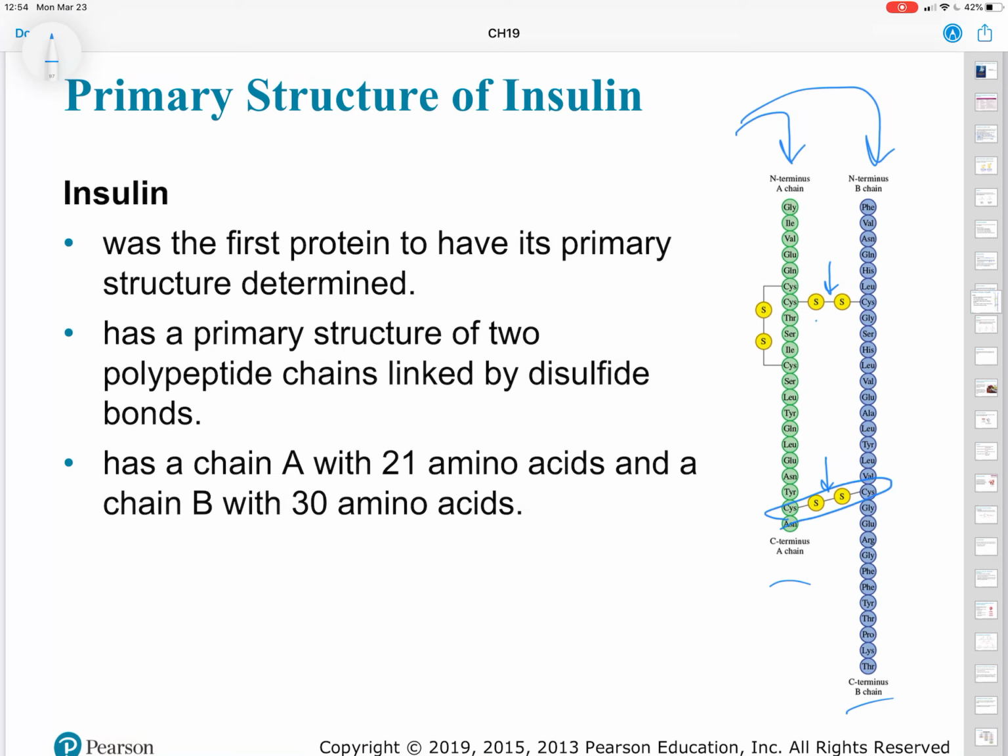Note that they are between cysteines. So this is how they hold themselves together. There's also an intra-chain cysteine bond. And so obviously this is not the folded final structure. This is just the primary structure. It's just showing you which amino acids are linked and in which order. Okay?